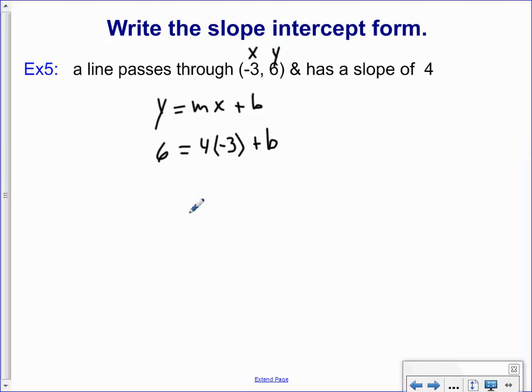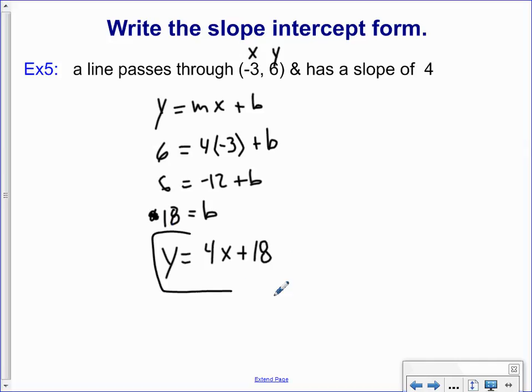There you go. 6 equals -12 plus b, and 18 is equal to b. So therefore the equation is y equals 4x plus 18.